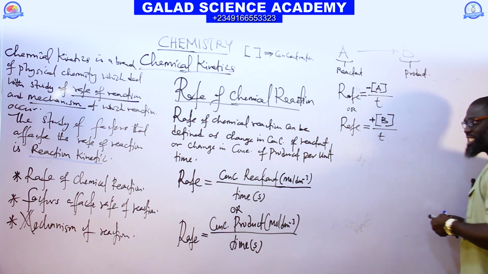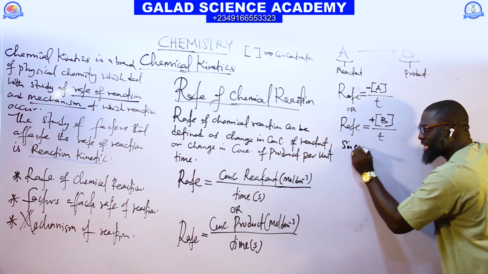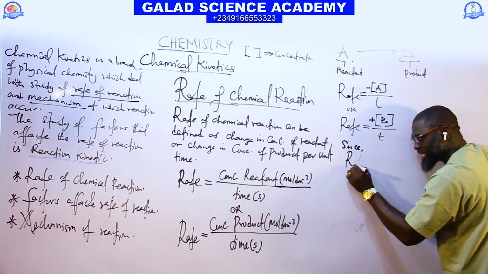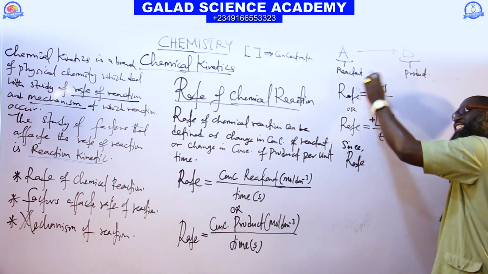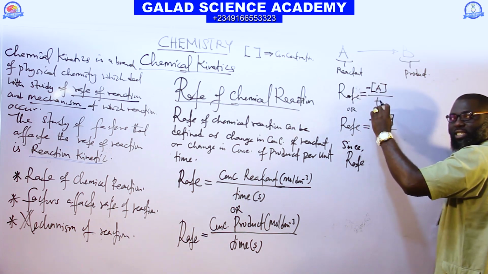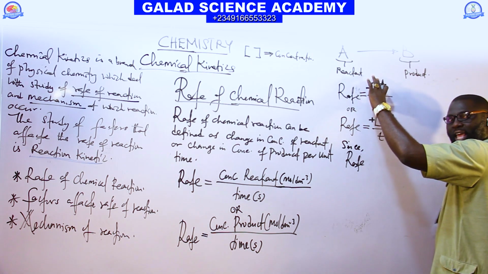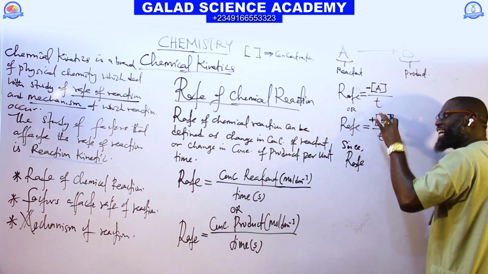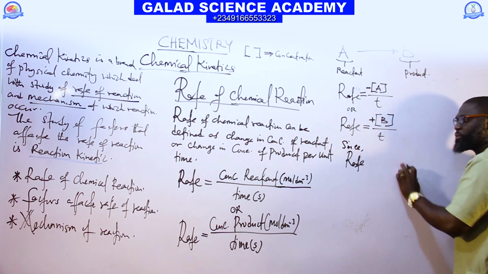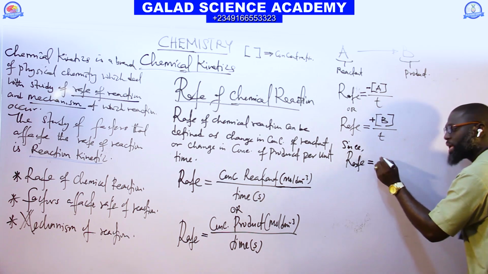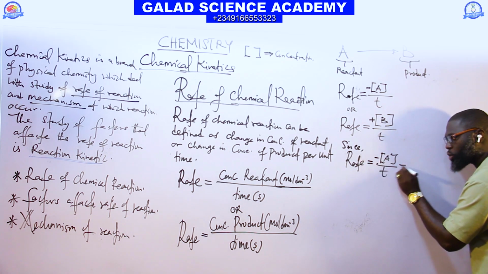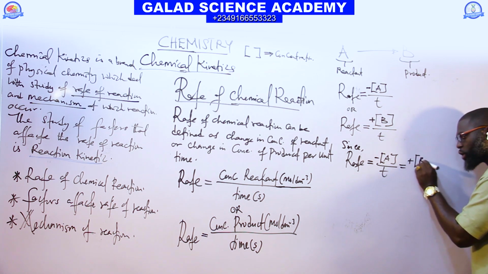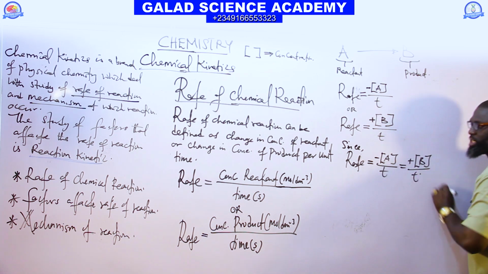So the rate of reaction is equal to the rate of disappearance of A, and it is also equal to the rate of appearance of B. We now have minus the concentration of A over t equal to plus the concentration of B over t.